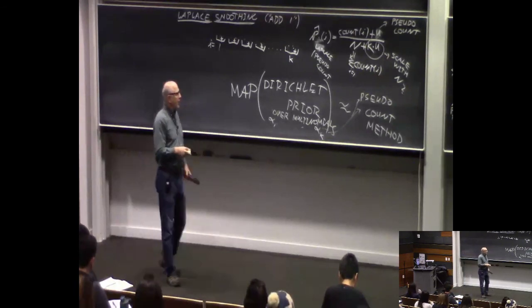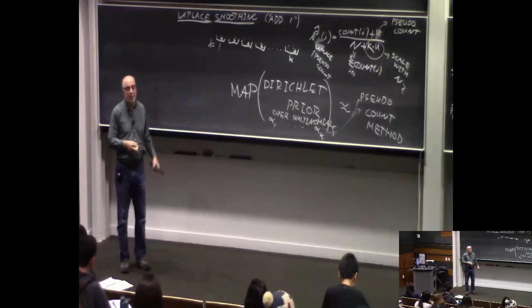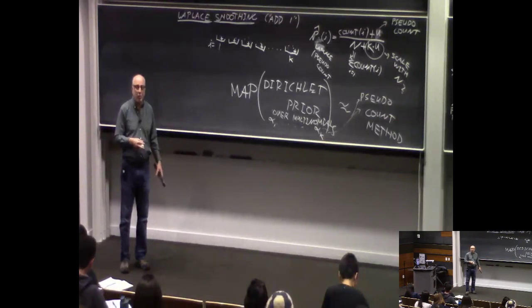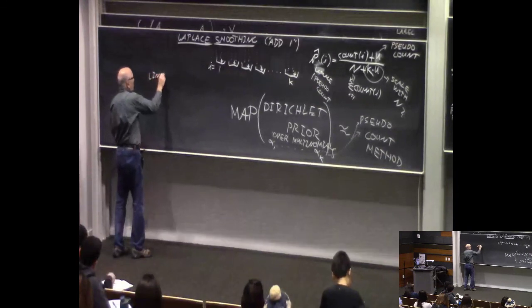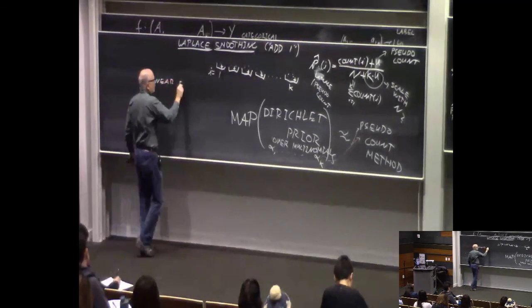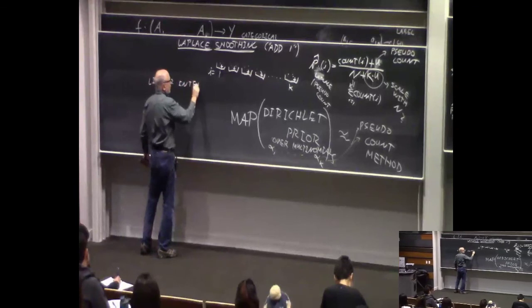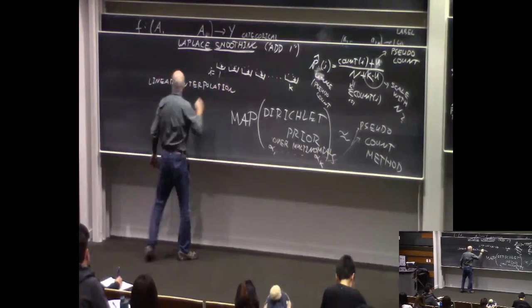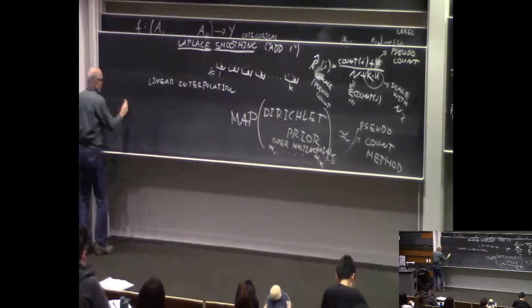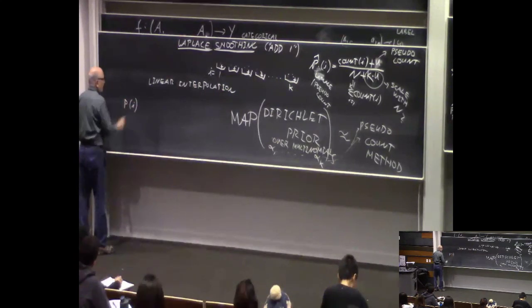One last thing I need to add about this. This is a very common way of introducing smoothing, not just in the context of naive Bayes, but in general. The other competing method for introducing smoothing is called linear interpolation. It's simply the probability that you assign to i by the linear interpolation method.